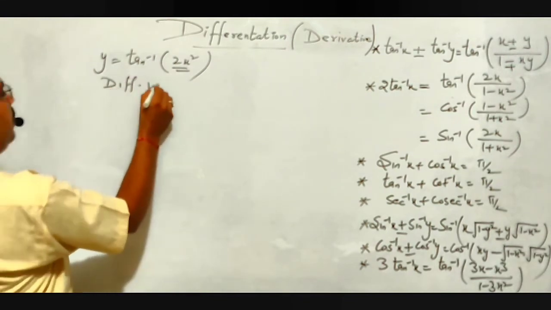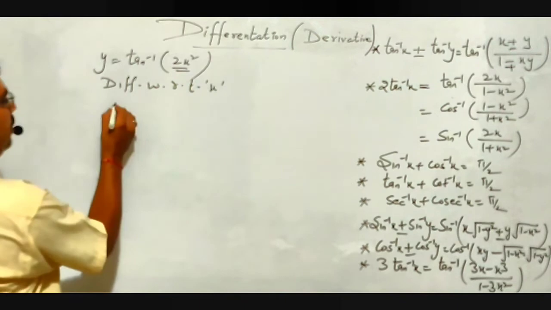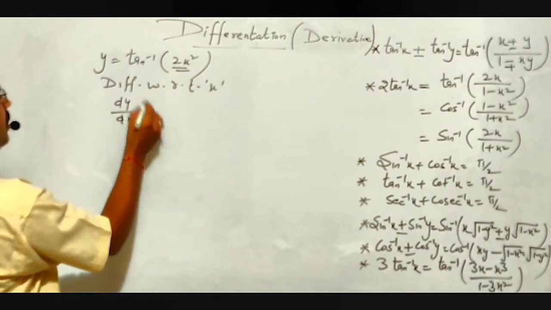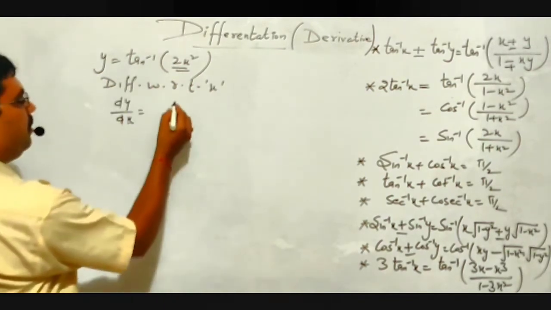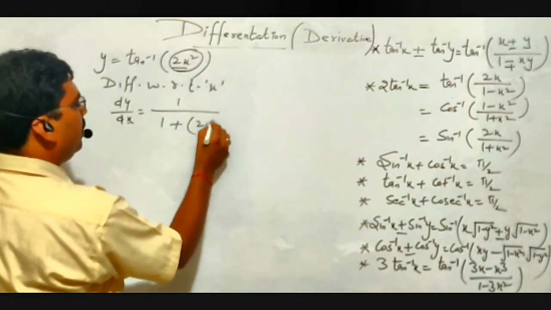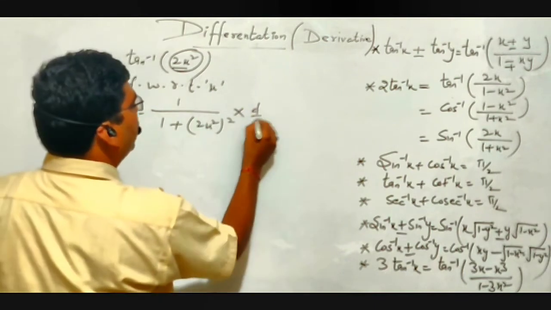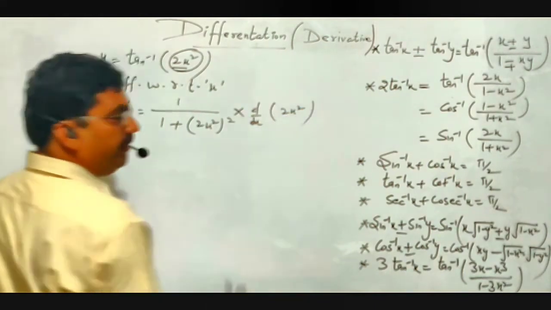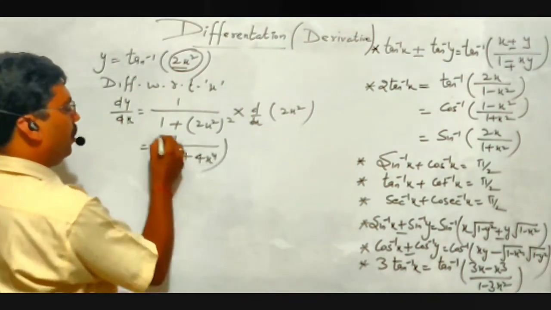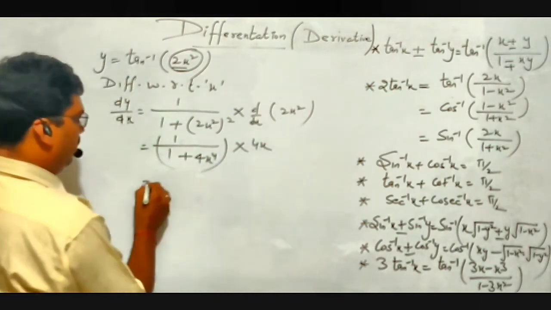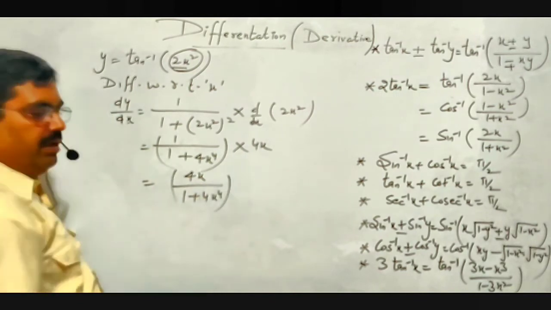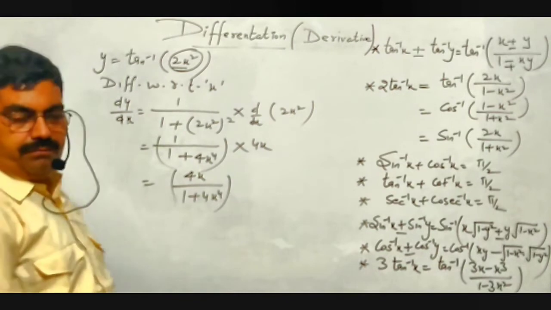Differentiate with respect to x, meaning the derivative of y with respect to x is equal to the derivative of tan inverse, 1 by 1 plus x square, where the value of x is 2x square, and the derivative of the angle is 1 by 1 plus 4x raised to power 4, times 4x. It means the final answer is 4x by 1 plus 4x raised to power 4.